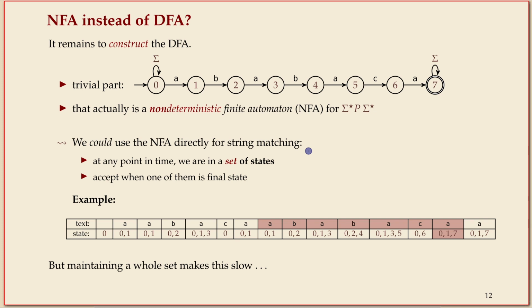I just want to point out for those who haven't used these automata, the way they're reading an input now means when I start in state 0, even if I read an A, I don't have to go to state 1. I can also decide, this time I'd actually rather stay in state 0.